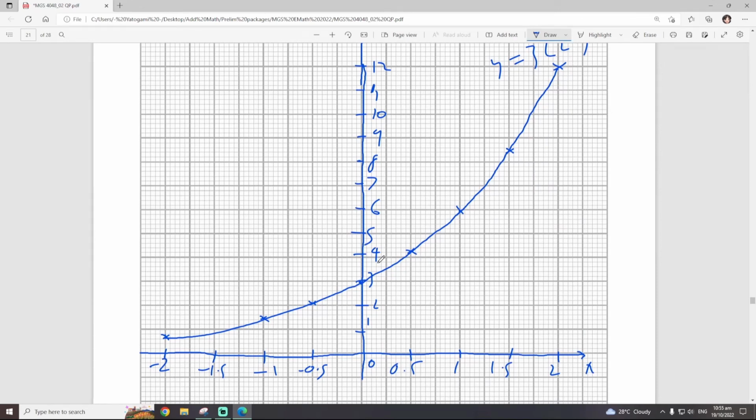By drawing a tangent, find the gradient of the curve at x equals to 1. Okay. So that will be... Give me a minute. So if I draw a tangent at x equals to 1, let's see, how can I draw the tangent? Of course, they will accept a range of answers.